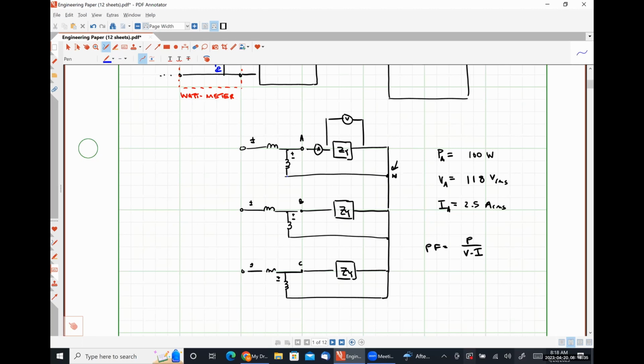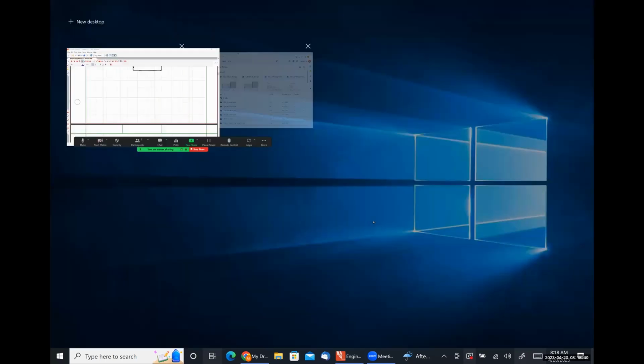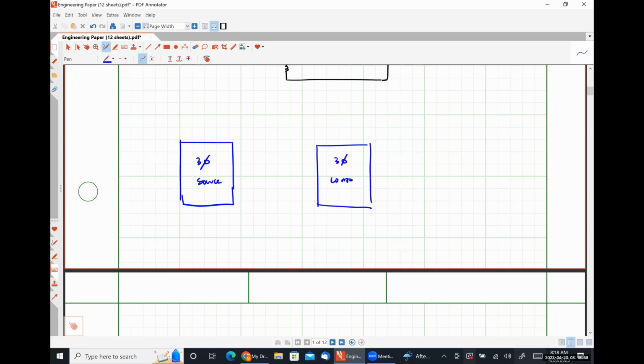So if I drew a 3-phase system, oops, sorry, let me pull this up. So let's say that I have a 3-phase source here and over here, I have a three-phase load.